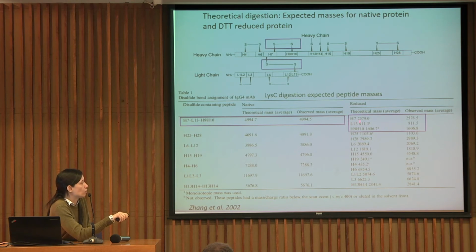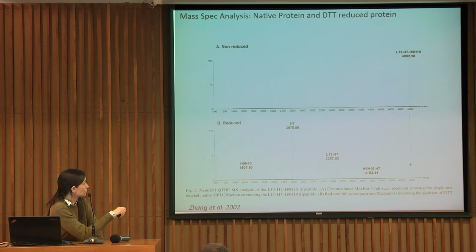Now the components of the tripeptide will be separated. We have the H7, L13, H9, H10 with their corresponding masses. If we analyze this by mass spectrometry, this is the non-reduced digested protein, and we get the expected peak of the tripeptide at around 5 kilodaltons. But in the reduced protein, this peptide is now very, very small.